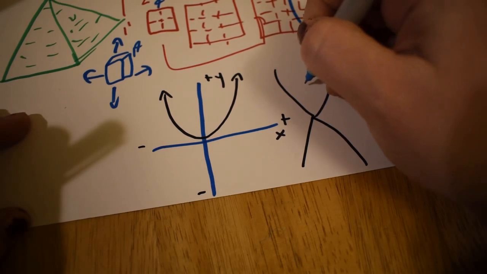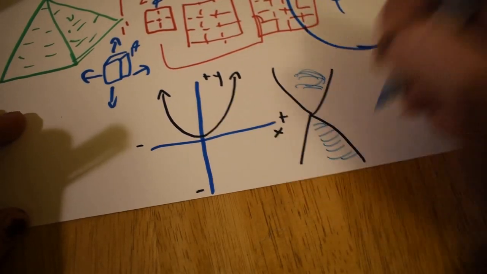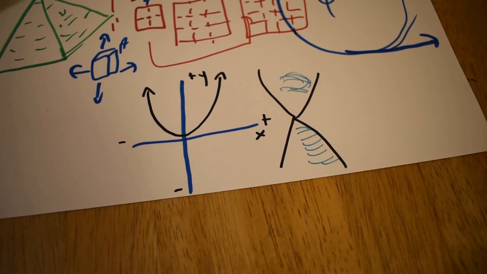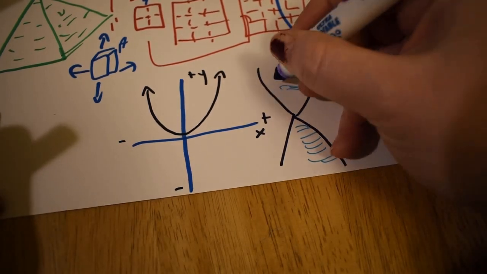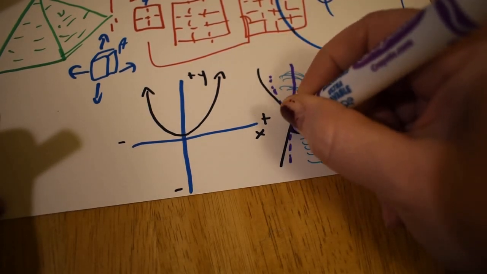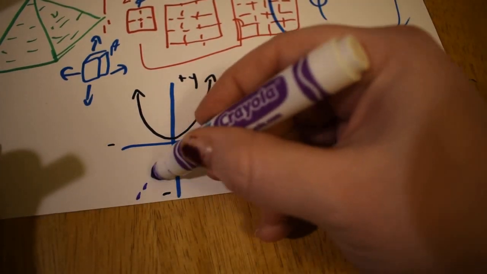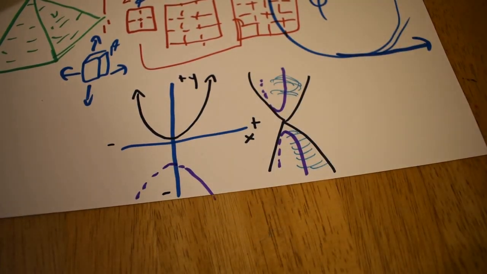So this should be rounded. And the parabola looks like this. Because technically it should take up both halves of the cone, the negative and the positive.